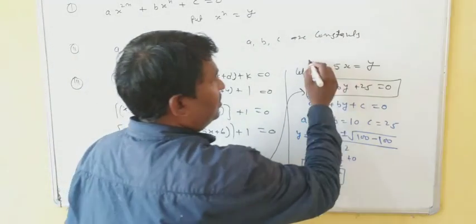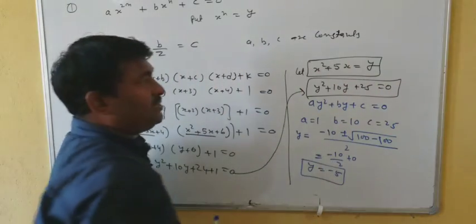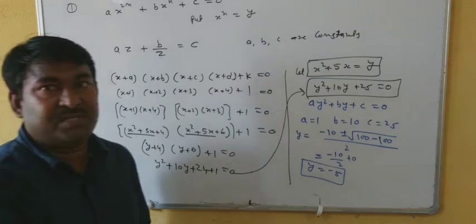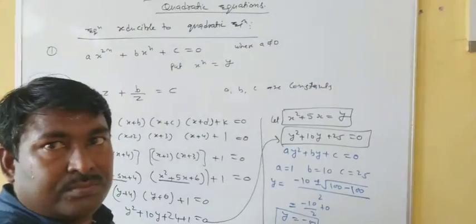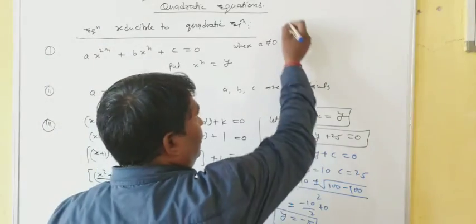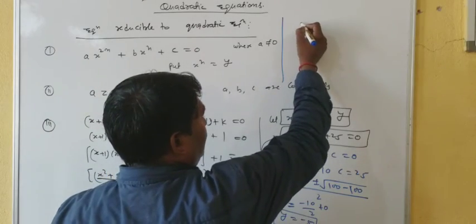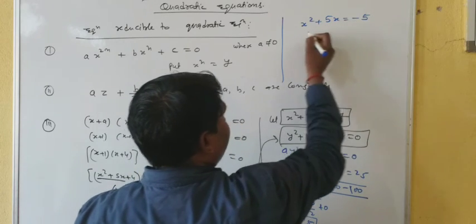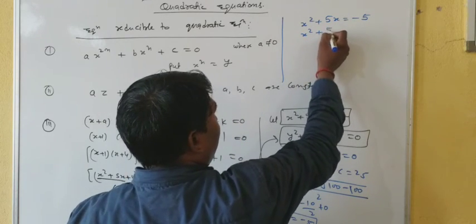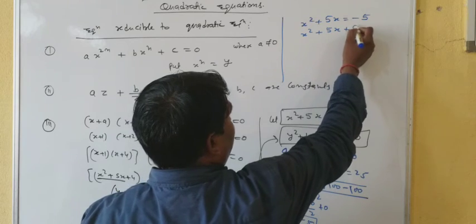Since you have already taken x square plus 5x is equal to y, therefore you can put x square plus 5x is equal to minus 5, hence x square plus 5x plus 5 is equal to 0.